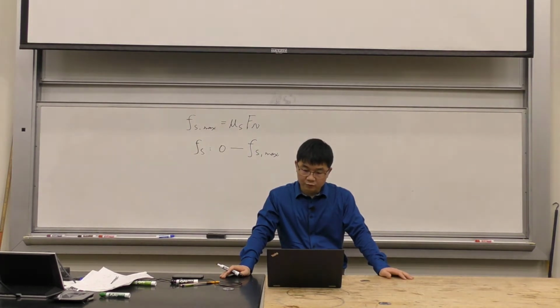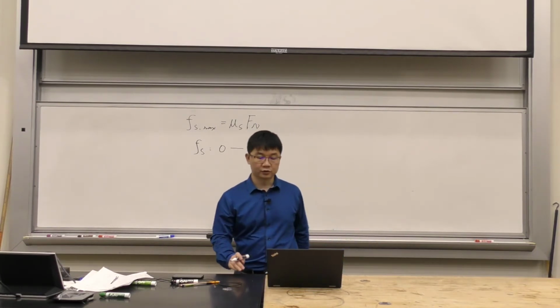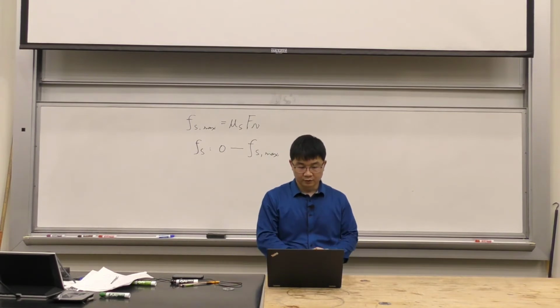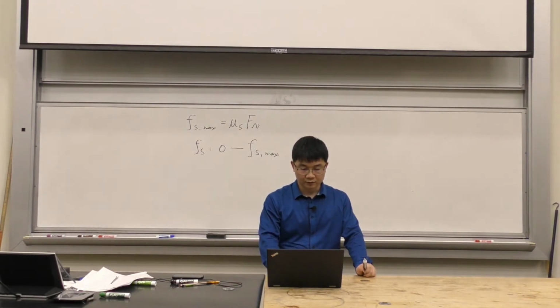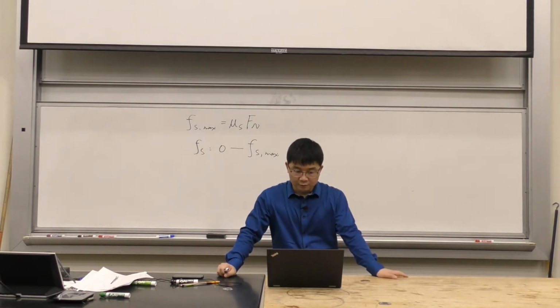Now we want to take a look at a real example with numbers, so we can practice what we have learned for static friction force. Let's take a look at this question on slide 8. A block of mass 6 kilograms is pushed up against the wall by a force P that makes angle theta equals 50 degrees with the horizontal.